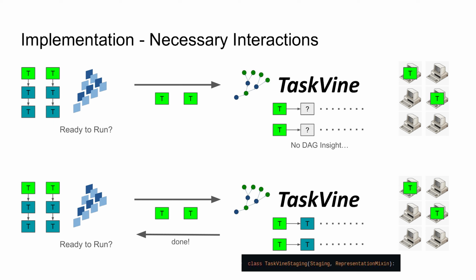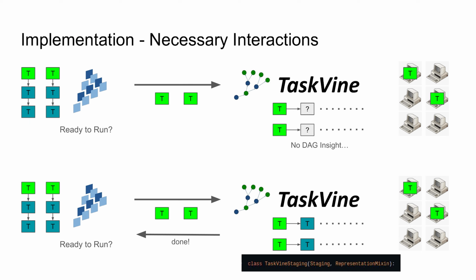So if we're thinking about using Parsl with TaskVine, there are a few challenges in addition, and that is what was just described: the normal relationship between the Parsl DFK and the executor is that it gives only tasks that are ready to run to the executor. And that's a problem here if we want to look ahead into the application.